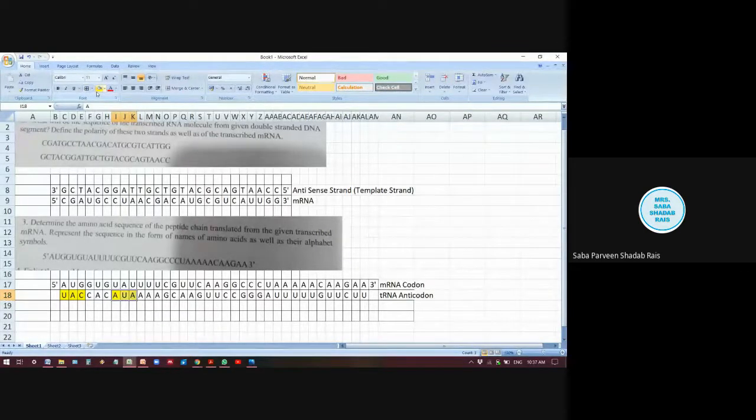Now always remember that synthesis is 5 prime to 3 prime. You might have observed that I have started writing from this side. 1, 2, 3, then 3 codons. This we will give some other color.